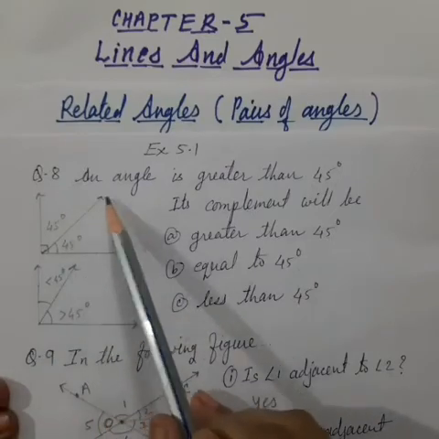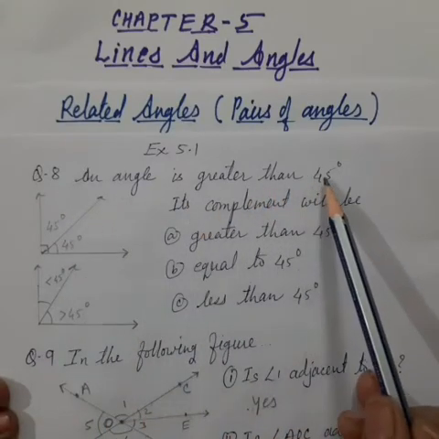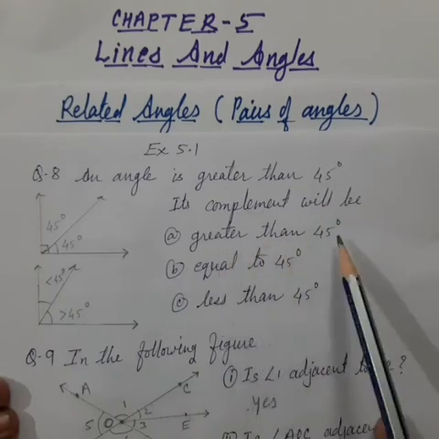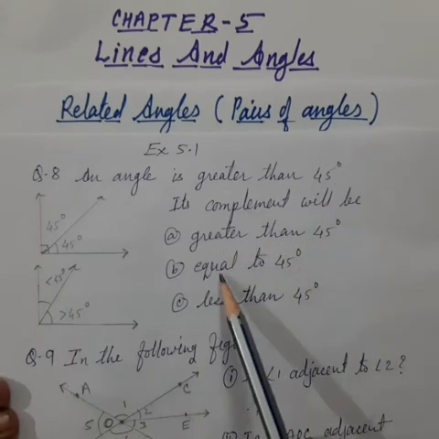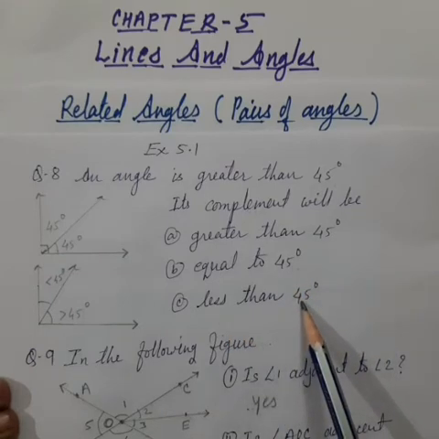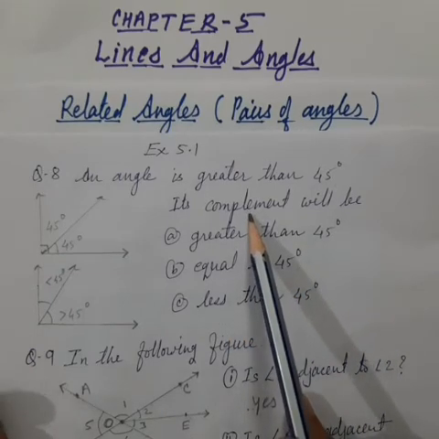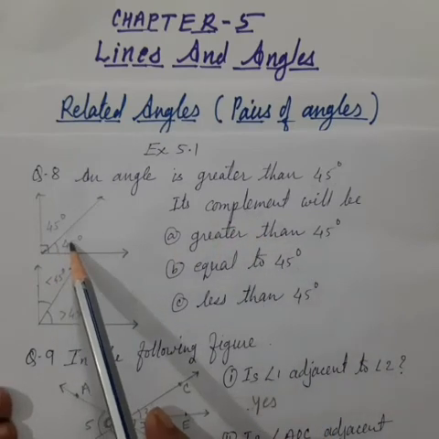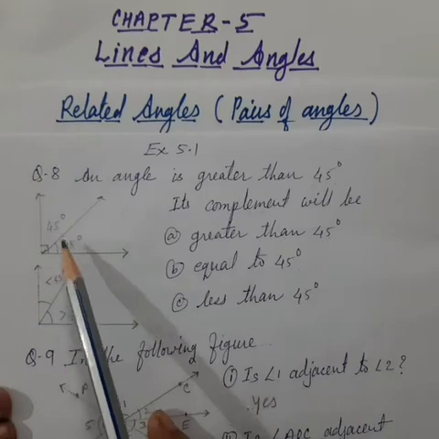Question 8. An angle is greater than 45 degrees. Its complement will be greater than 45 degrees, or equal to 45 degrees, or less than 45 degrees? Complementary angles means the sum is 90 degrees. 45 is exactly half of 90 degrees.